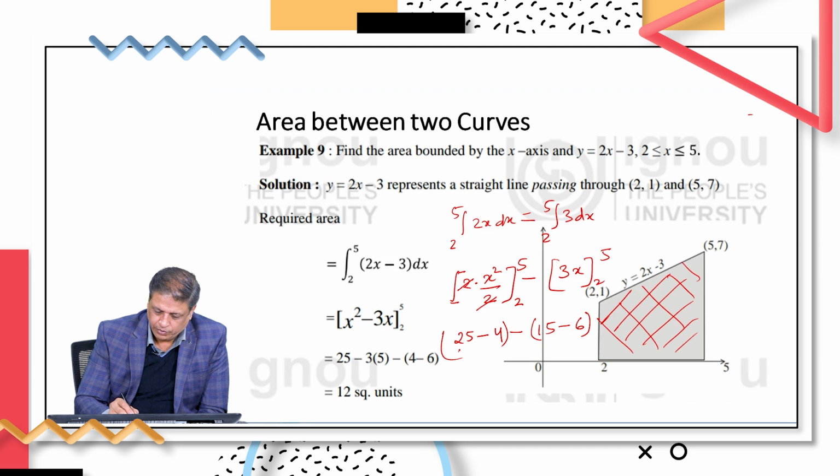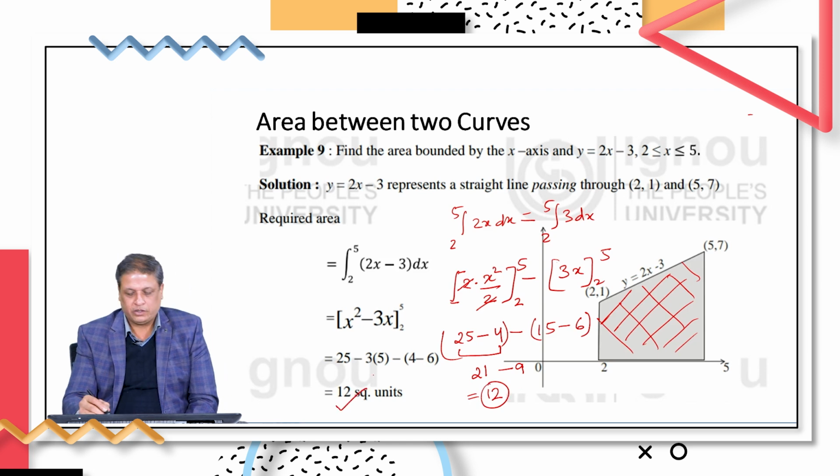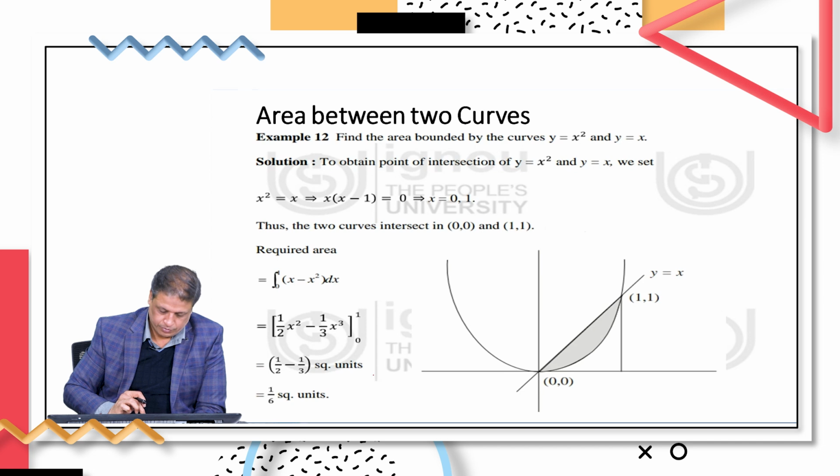Solving this, 25 minus 4 is 21, and 15 minus 6 is 9, and 21 minus 9 is nothing but 12. So 12 square units is what we got.